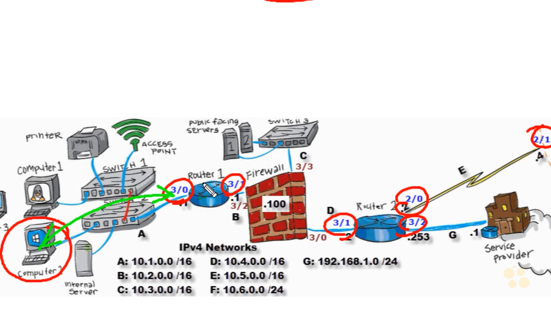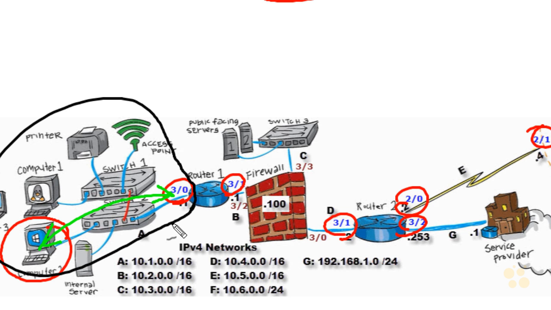These routers do not know anything besides what they are directly connected to. Router 1 knows about the 10.1 network because it is directly connected to that network. Router 1 also knows about the 10.2 network because it is directly connected to that network.